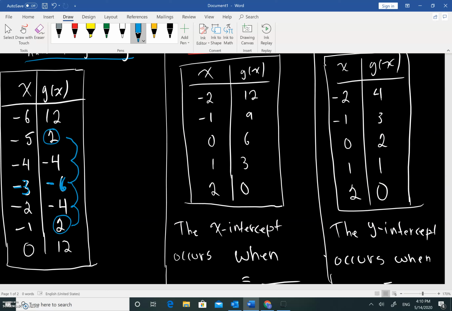So that tells me that -3 is my axis of symmetry, and the vertex is at -3, -6, right? Now that you know this is the axis of symmetry, you have to determine whether this is a minimum or a maximum. So how can we determine that? There are 2 ways to do it. One is to imagine the graph.